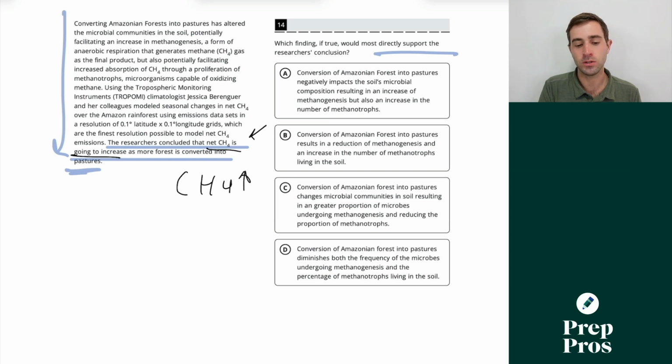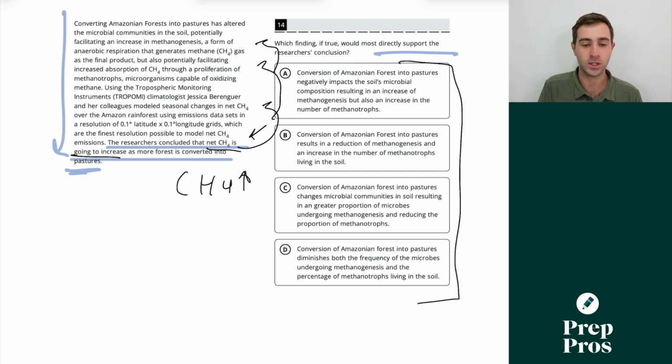So what this now tells me is I want to pay close attention as I go back through the passage about what details show an increase of CH4 and what shows a decrease of CH4. If I can track that, I'm going to be able to work through the answers a lot more efficiently. And what we see is converting Amazonian forest into pastures has altered the microbial communities in the forest, potentially facilitating an increase in methanogenesis, a form of anaerobic respiration that generates CH4.